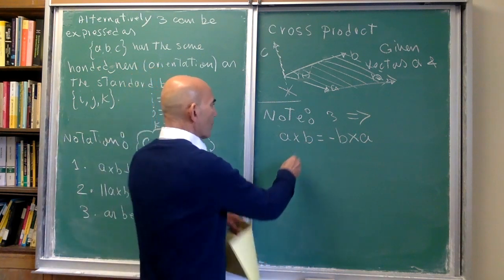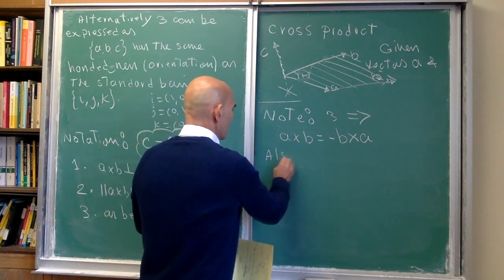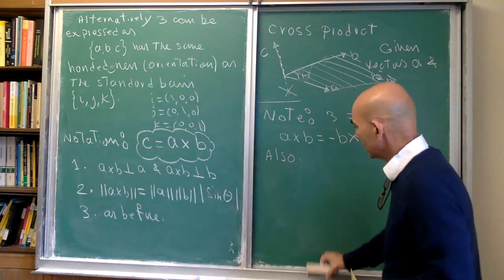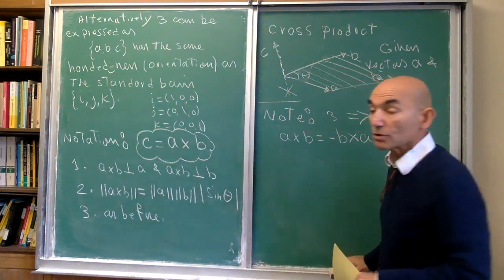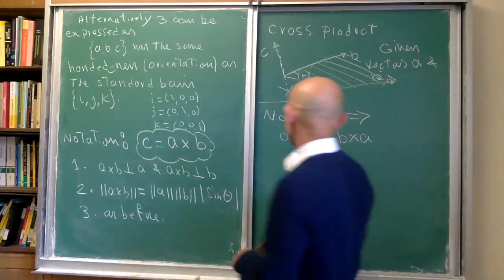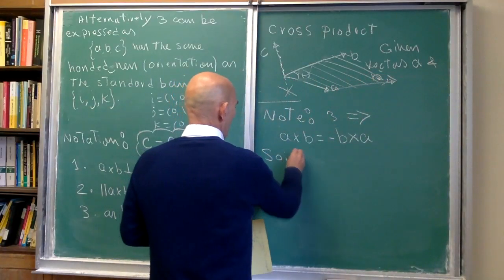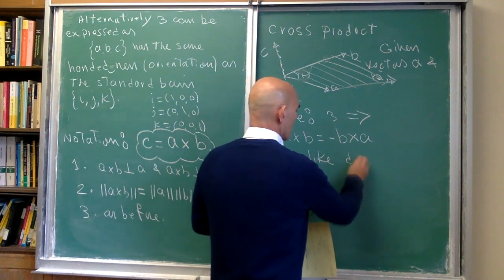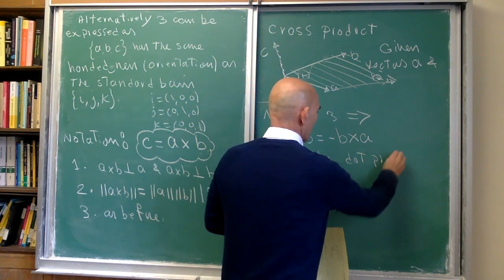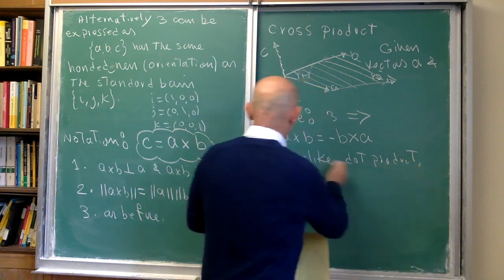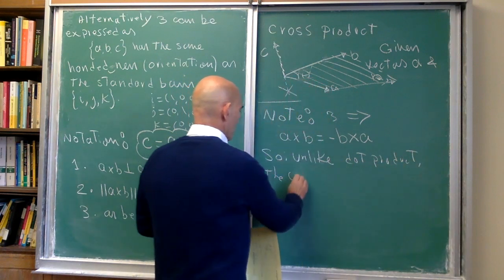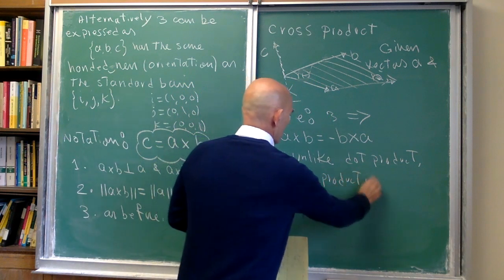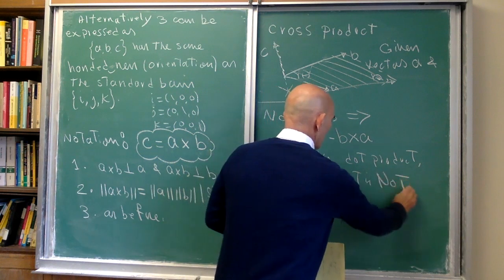So another one also. We just say that the cross product is not commutative. So let me note that. So unlike the dot product, the cross product is not commutative.